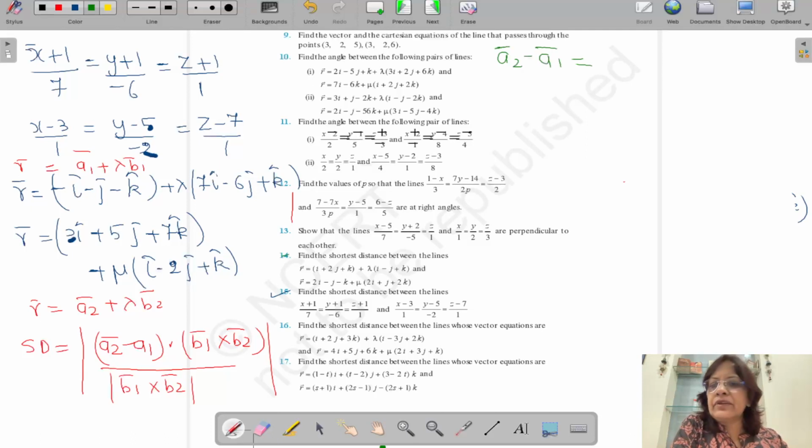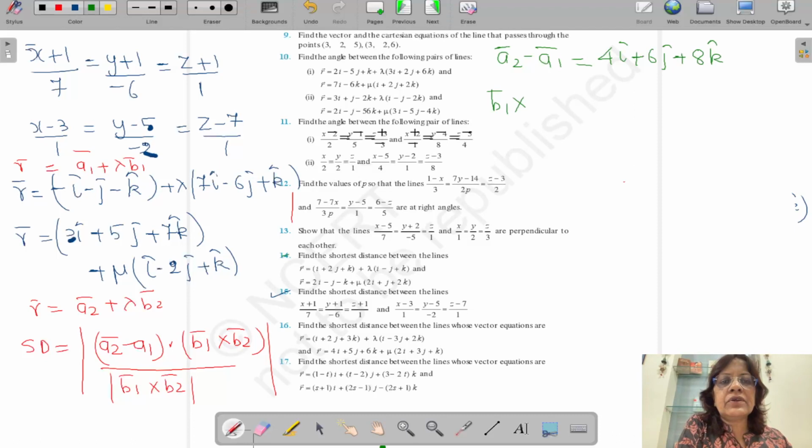a2 minus a1 is 3i minus of a1, so it will be 4i, 5j minus j will become plus 6j, and 7 will become plus 8k. This is your a2 minus a1.